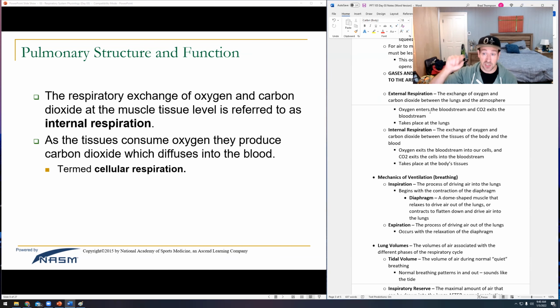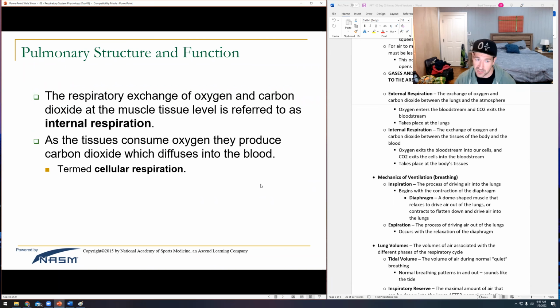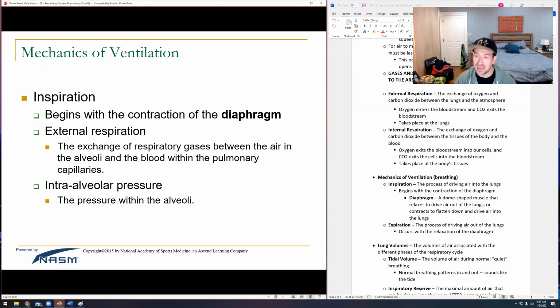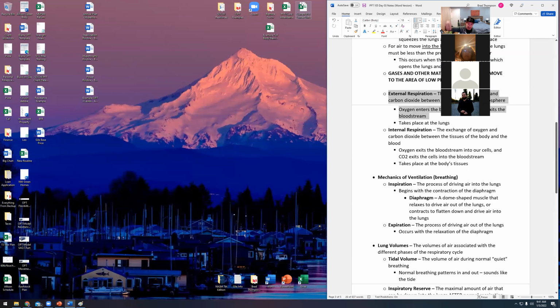And respiration is oxygen and carbon dioxide. It only refers to those two gases. So there are two versions of respiration that's going to take place. You have got internal respiration and you've got external respiration. So when you hear external respiration, guys, what I want you to picture is external, outside the body.